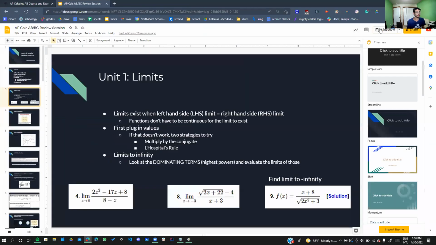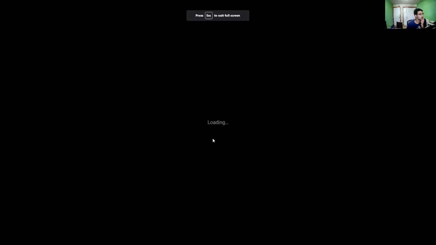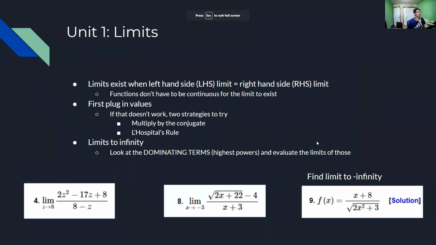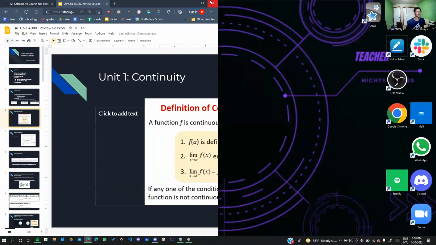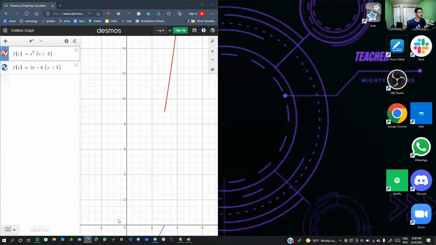All right, let's go back to the slideshow. Big point: functions don't have to necessarily be continuous. You can have a hole right in the center.